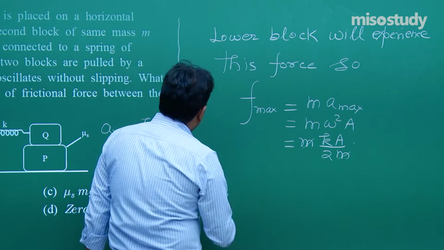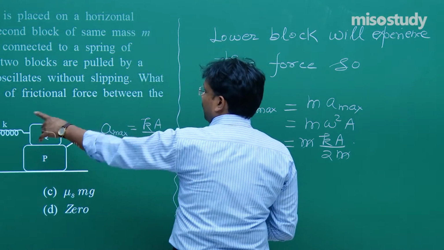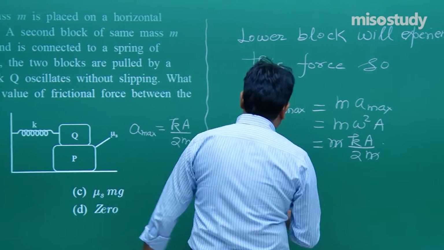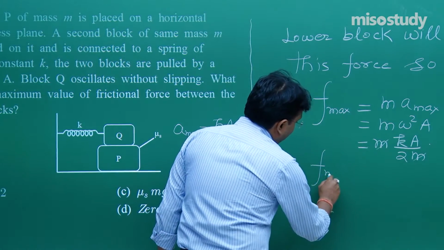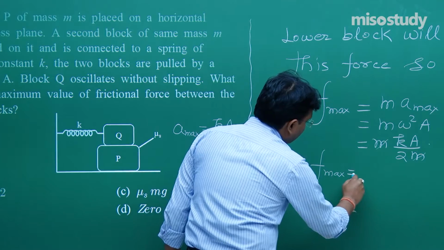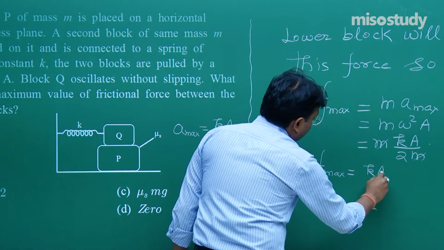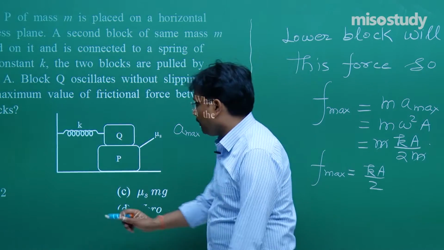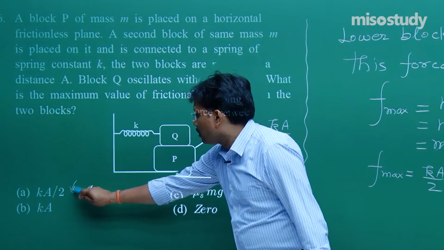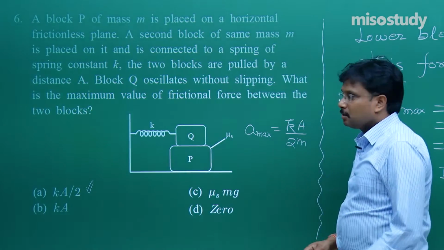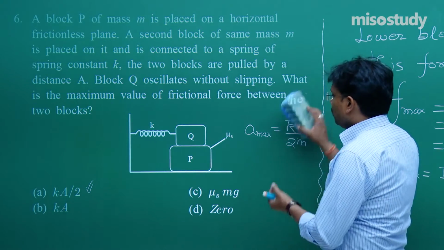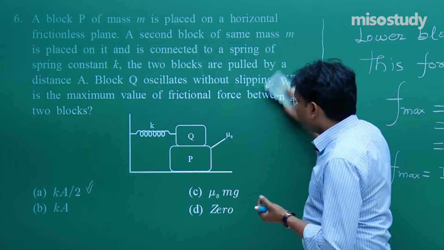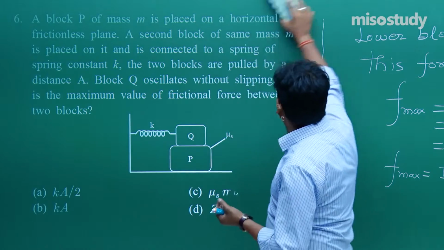So ultimately, what is the maximum value of frictional force? F max is equal to Ka by 2. So this way you can say A is the correct option. Very simply I explained this question so that you can understand it.